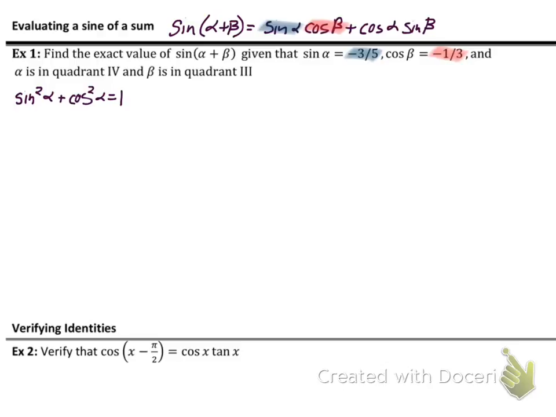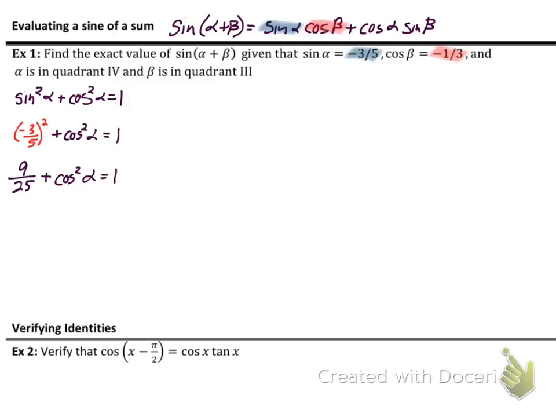So we're going to plug that negative 3/5 in for our sine alpha. Rather than writing sine alpha, I'm going to write negative 3/5. It's got to be squared, plus our cosine squared alpha, and that has to equal 1. Now I just need to solve for cosine alpha. I'm going to square this side. A negative times a negative is a positive. 3 squared is 9, 5 squared is 25, plus cosine squared alpha equals 1.